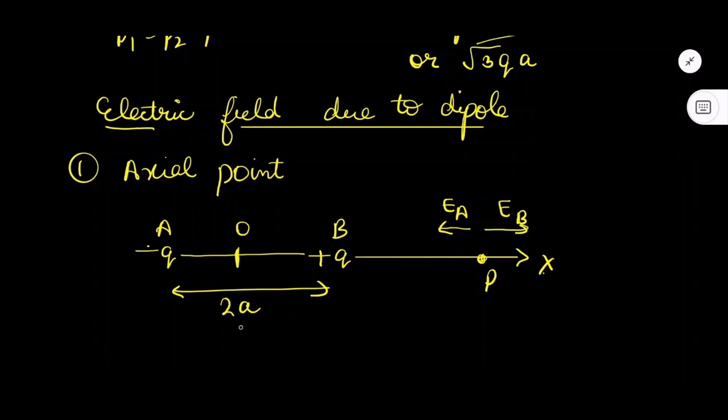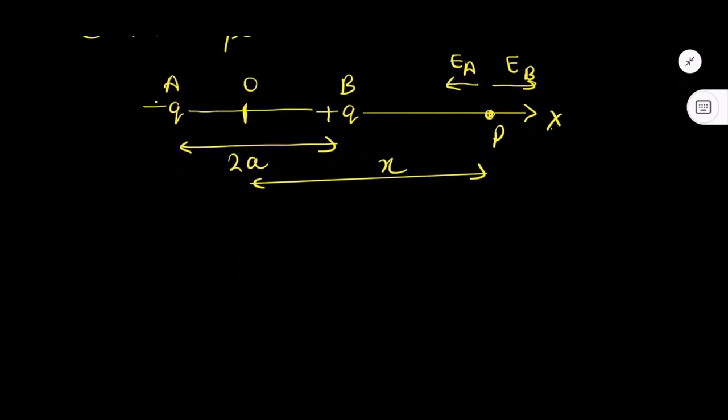So the distance from the center to point B, let it be x. Now we have to find the net electric field at point P. Since we have two electric fields at point P, for now we'll just consider the magnitudes.